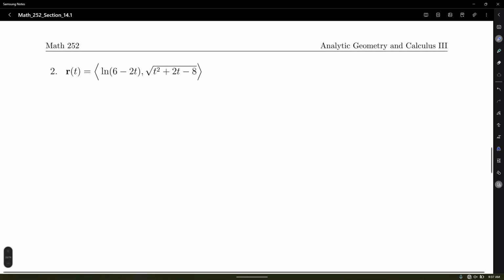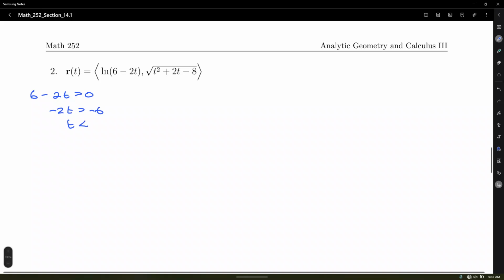All right. Logarithmic function. So, again, referring to the guidelines in the previous page, we set the argument of the logarithmic function greater than 0, not greater than or equal, just greater than. Okay, so that means we're going to set 6 minus 2t greater than 0 and solve the inequality for the variable t. That is, subtract 6 on both sides and divide both sides by 2.